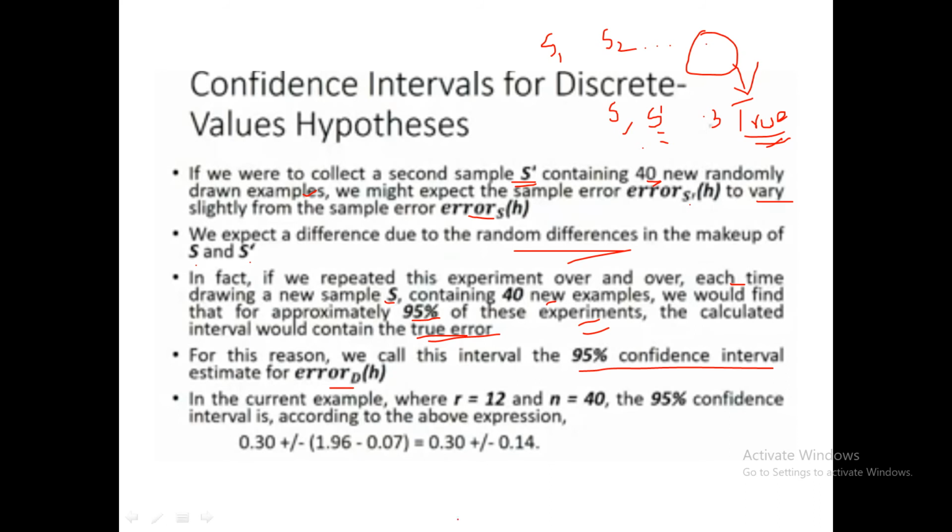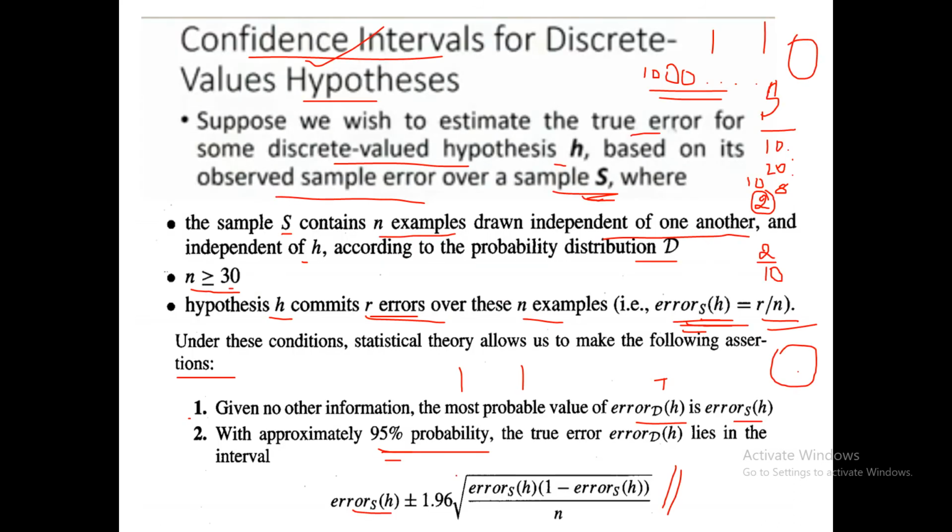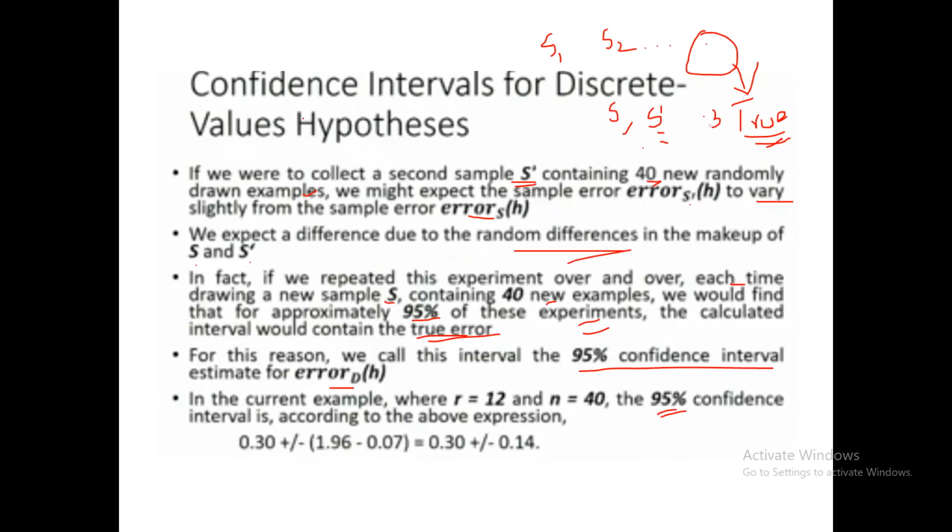Now how are we going to calculate this for 95% confidence for this example? With the equation. So what was our equation? We said the true error lies between, see, this equation we are going to calculate here, for 95% confidence interval. You have got a sample error. What is your sample error?